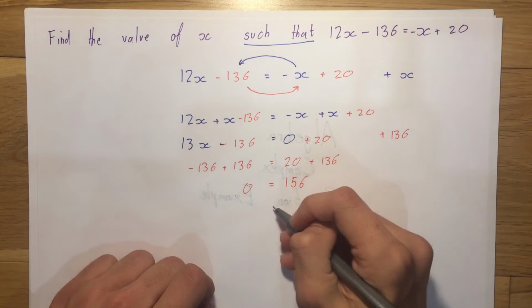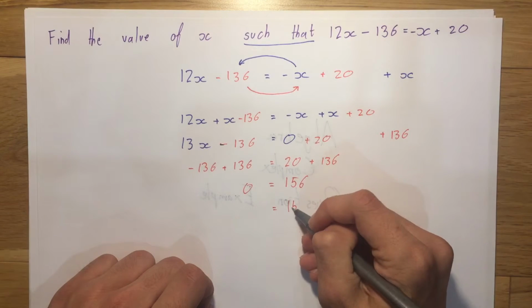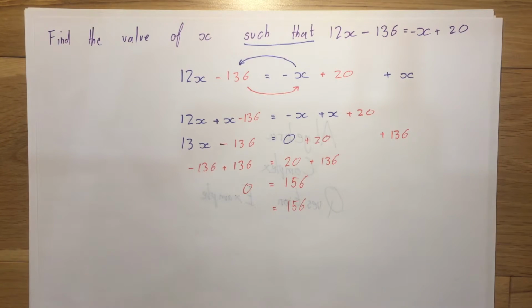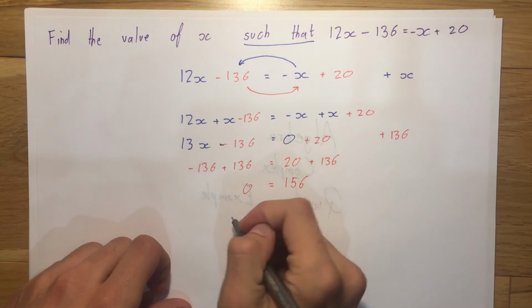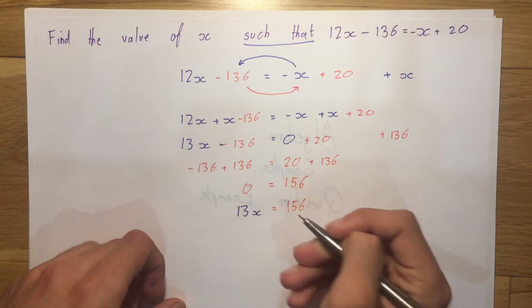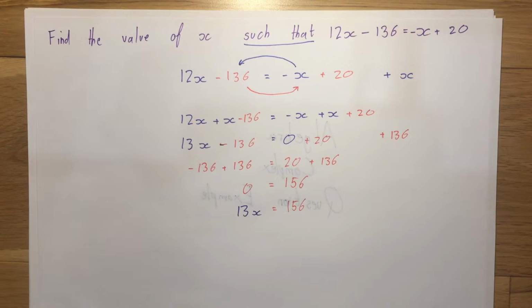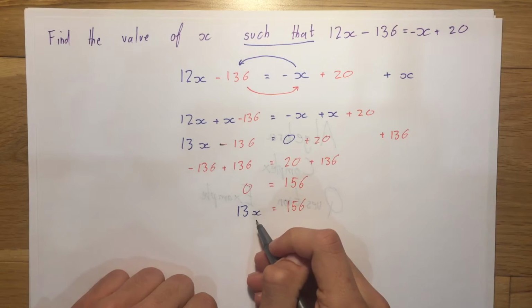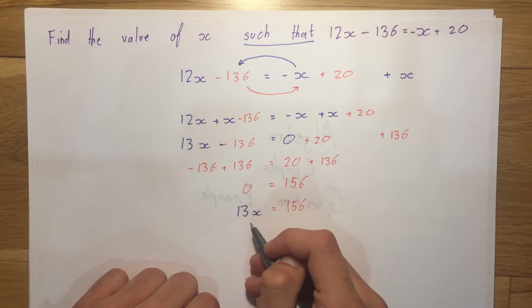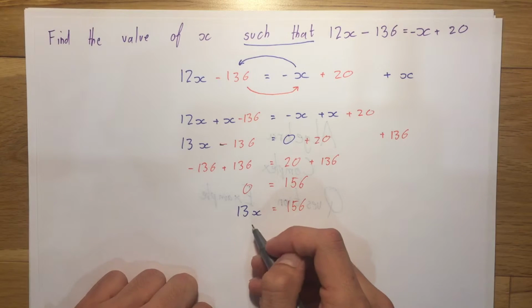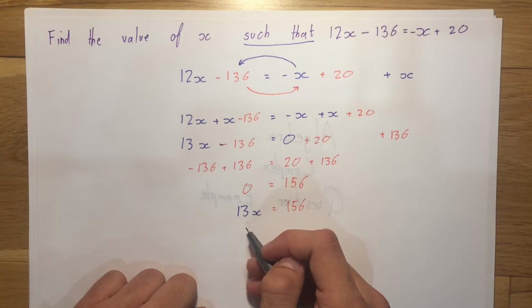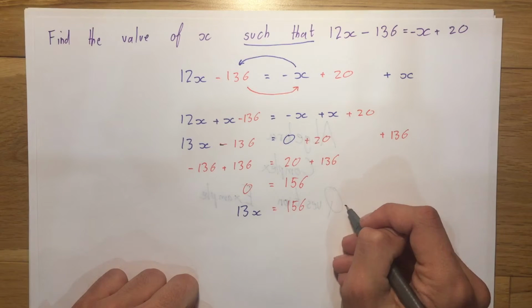So when we combine both the x and numerical values together, we find that 13x is equal to 156. Now to remove this coefficient of x to find out what 1x is equal to, because currently we know what 13x is equal to, we must divide by 13.